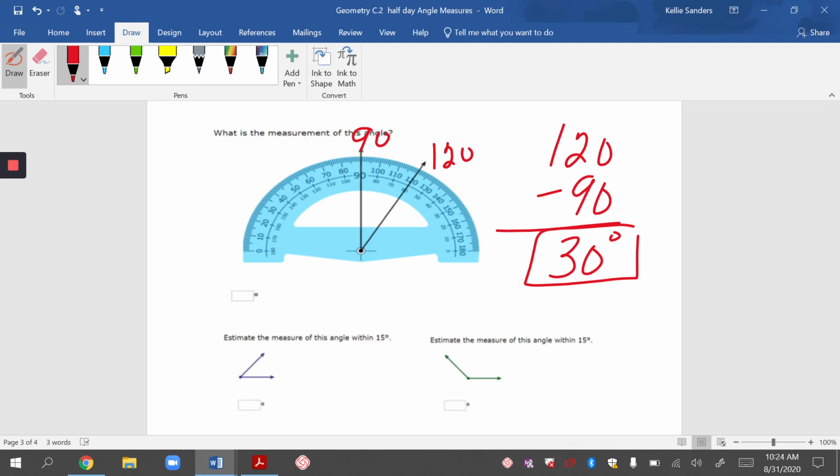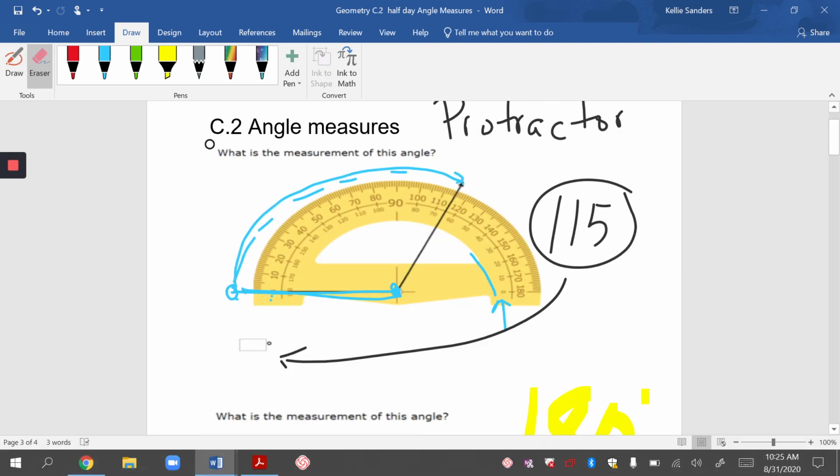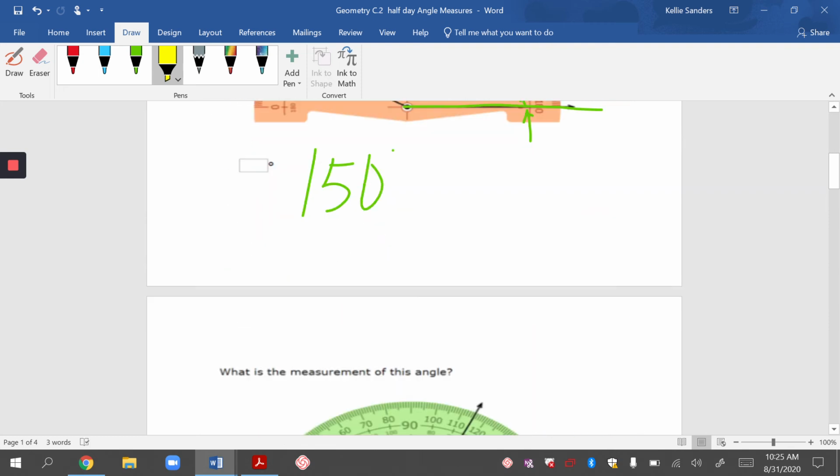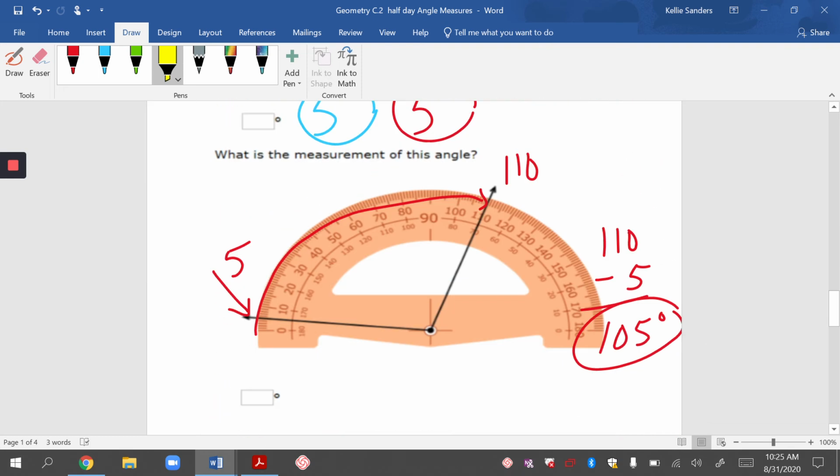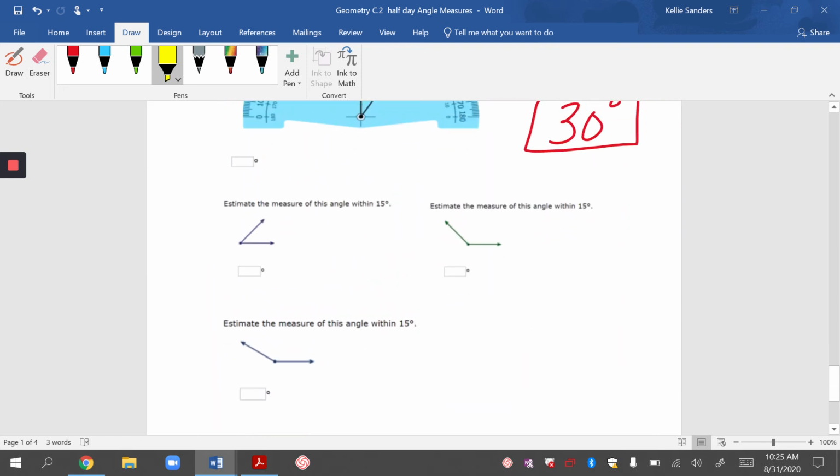Okay, so now on these next ones, think about what the protractor looks like. Think about all of this, okay? Sorry, it messed up on me.